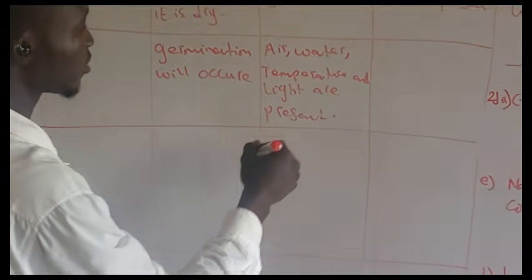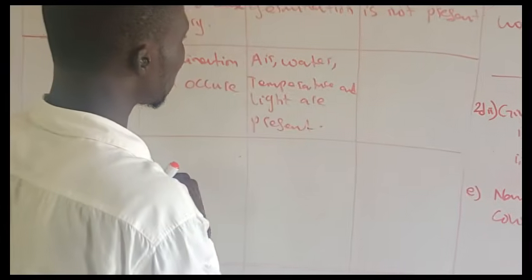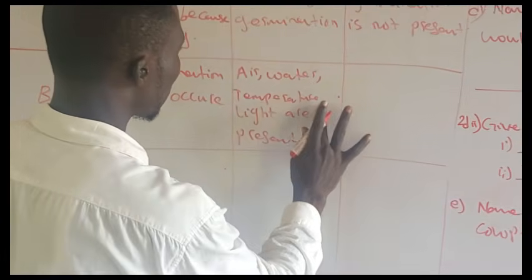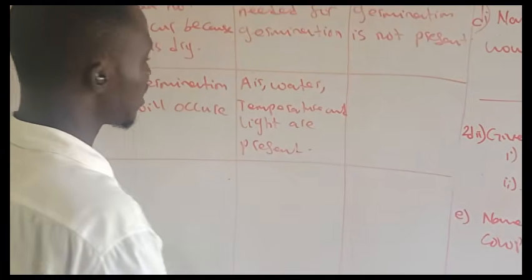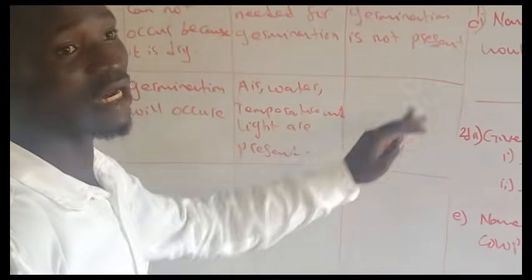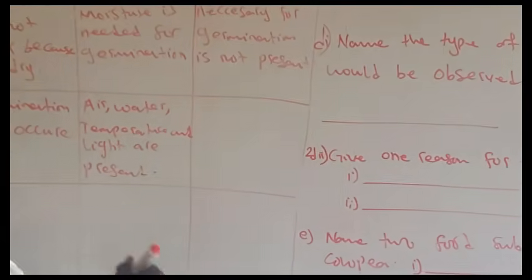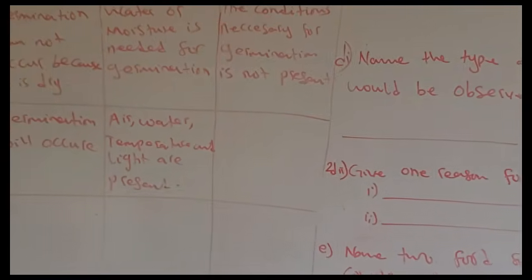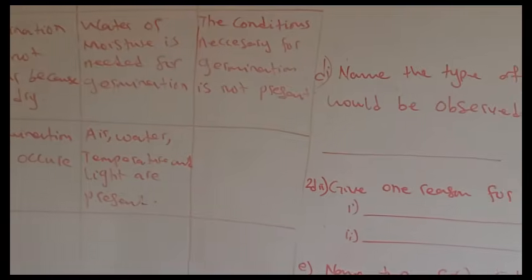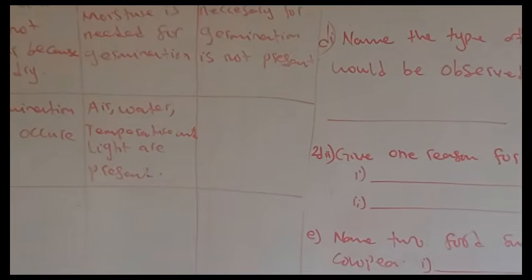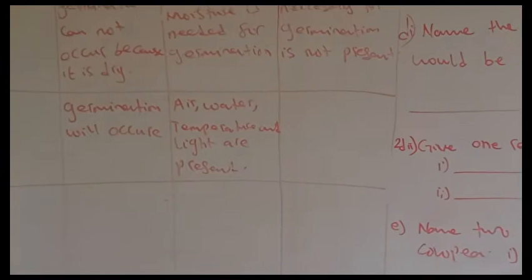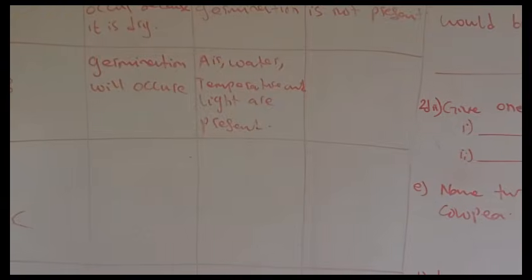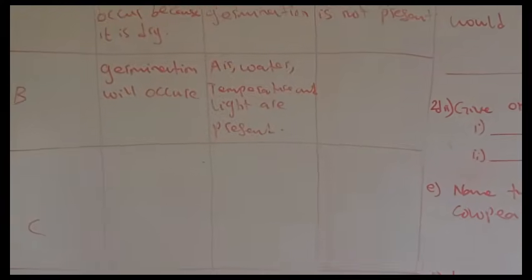Now, the next is air, water, temperature, and light are present. What is our conclusion? The conclusion is germination will occur because every necessary condition for germination is present.